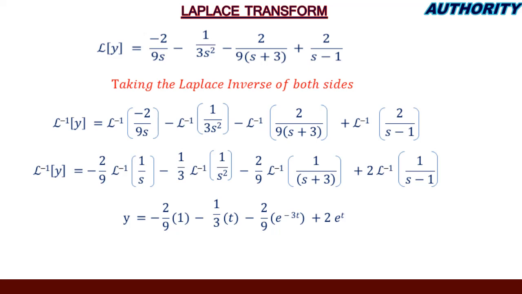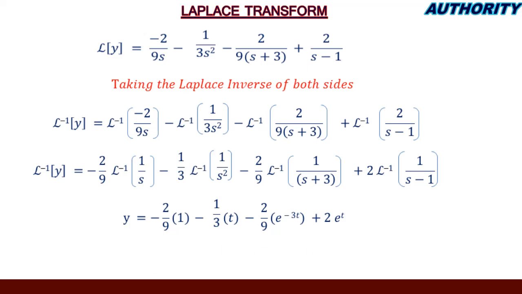Now the third term, the Laplace inverse of 1 all over s plus 3 is going to give us e raised to the power of minus 3t. And then the last one, we have 2 multiplied by e raised to the power of t. Now let's multiply and then rearrange.